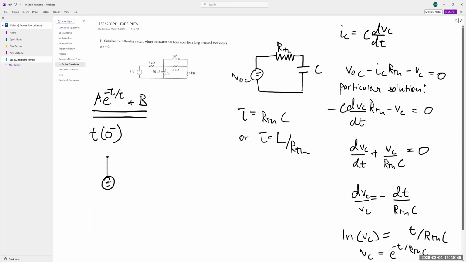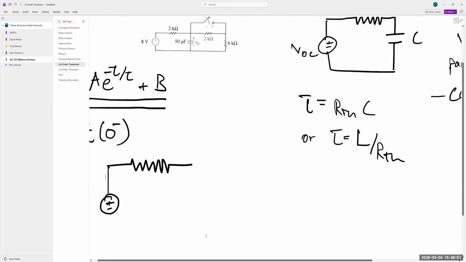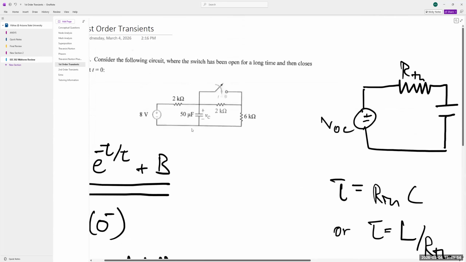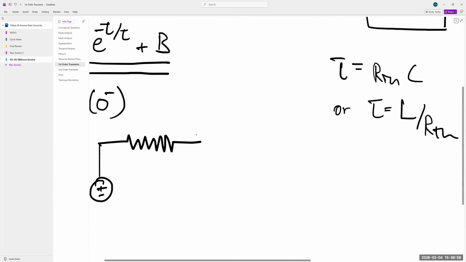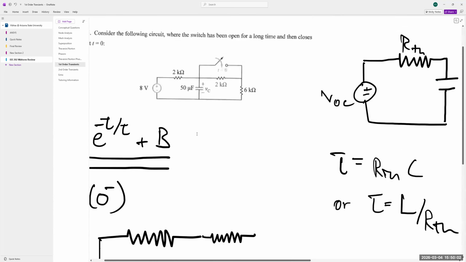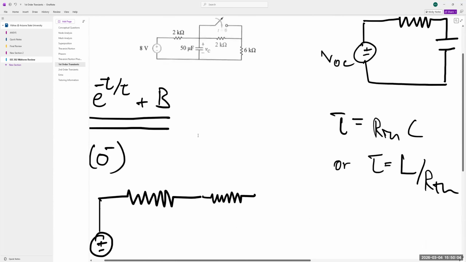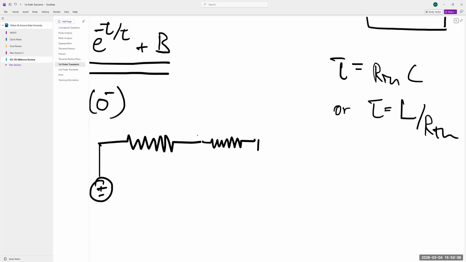So we have the 2 kilo ohms. The switch is open. So let me zoom in over here for you. The switch is open at first. So we're going to ignore that it exists. There's no current flowing through it. But we have the other 2 kilo ohm, and then we have the 6 kilo ohm over here.